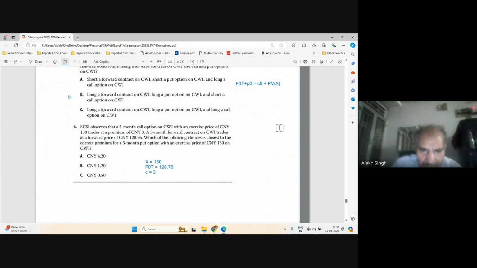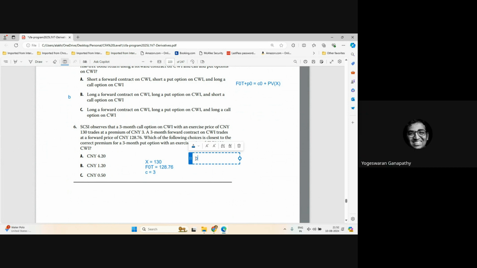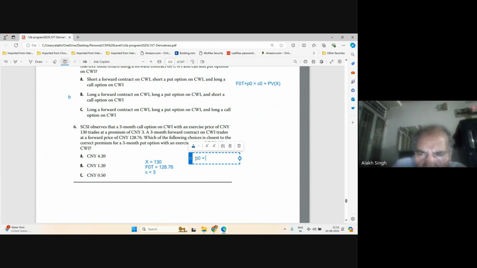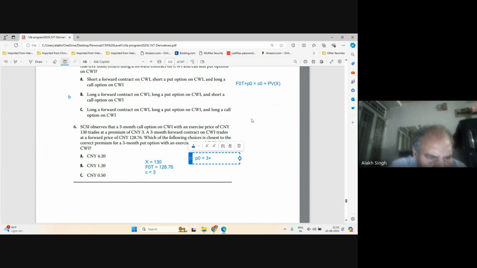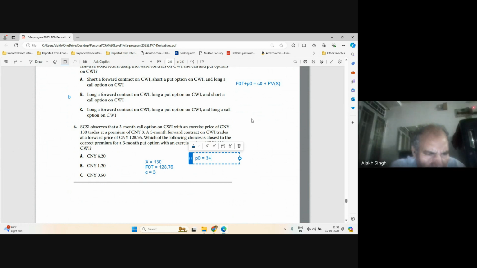So how much is the present value? We have to calculate P0, no? P0 is equal to 3 plus the present value of X minus the forward price.